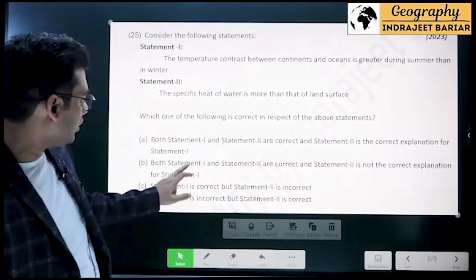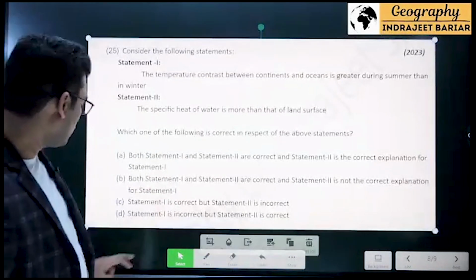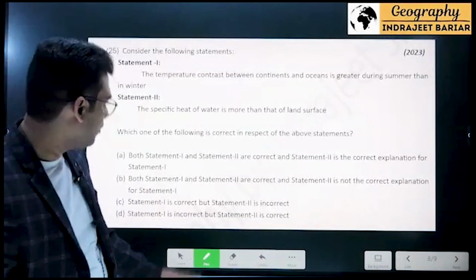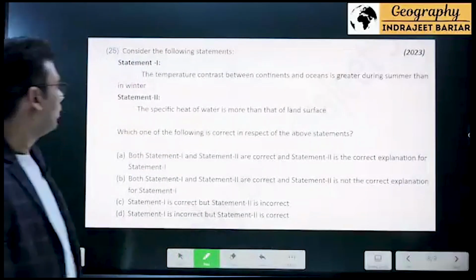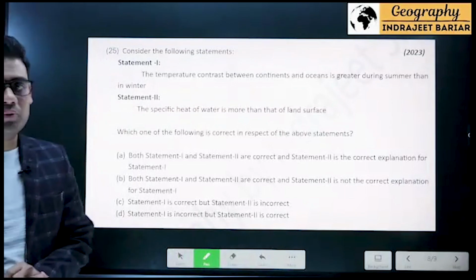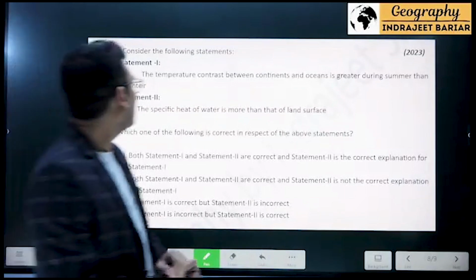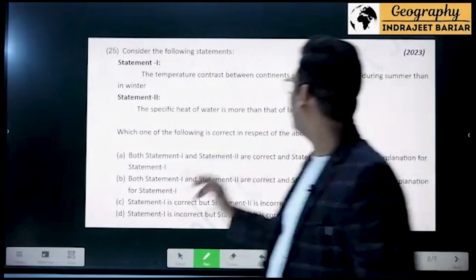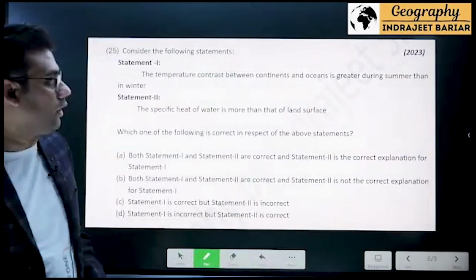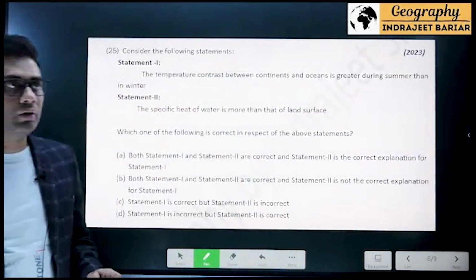The first question that I see over here was a 2023 question. What does the question read? This is an assertion-reasoning type question. Statement 1 reads: the temperature contrast between continents and oceans is greater during summer than in winter.